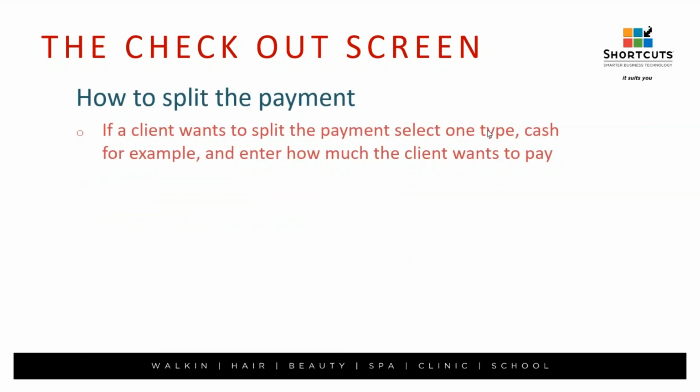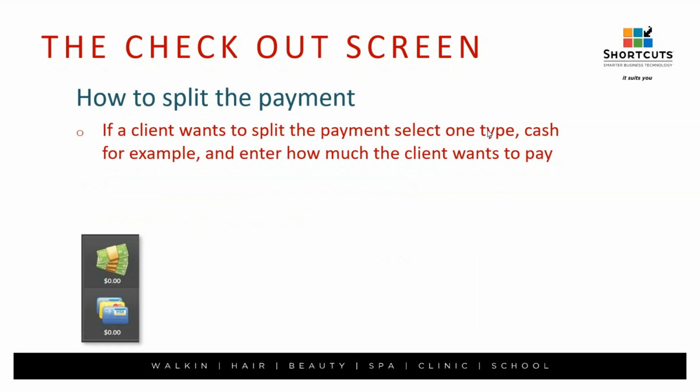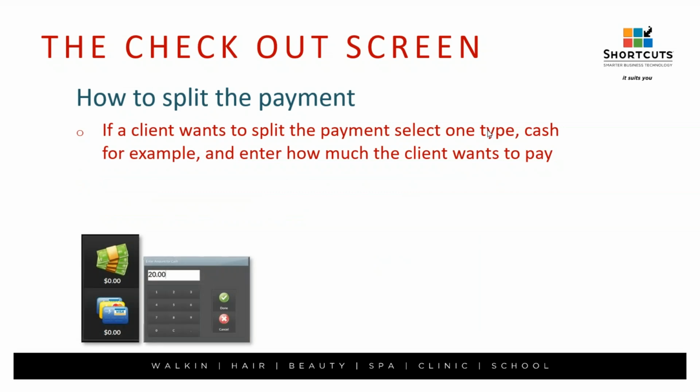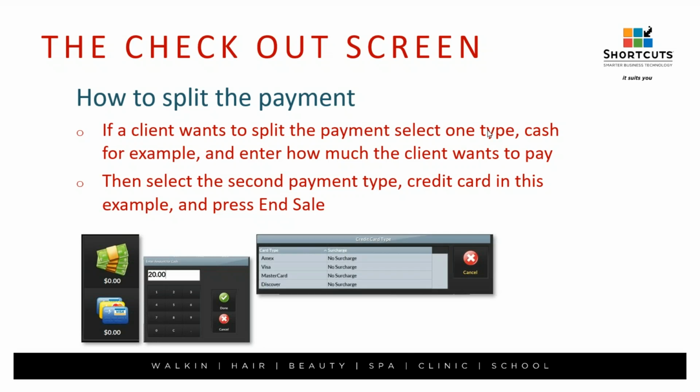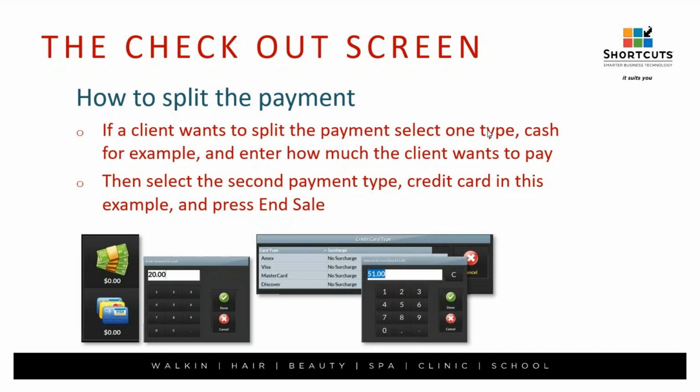So if you're going to split a payment, if a customer is going to pay part of their bill in cash and part of it on their credit card, you can absolutely do that. You choose your first payment type and tell Shortcuts how much is put in that, and then you choose your second payment type, and Shortcuts will say, okay, this is the difference. Is that correct? Then you can go ahead and press done and end sale.